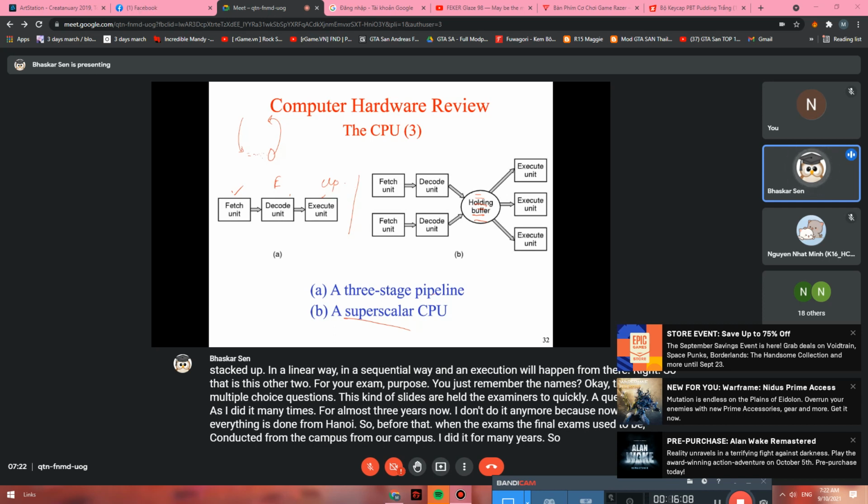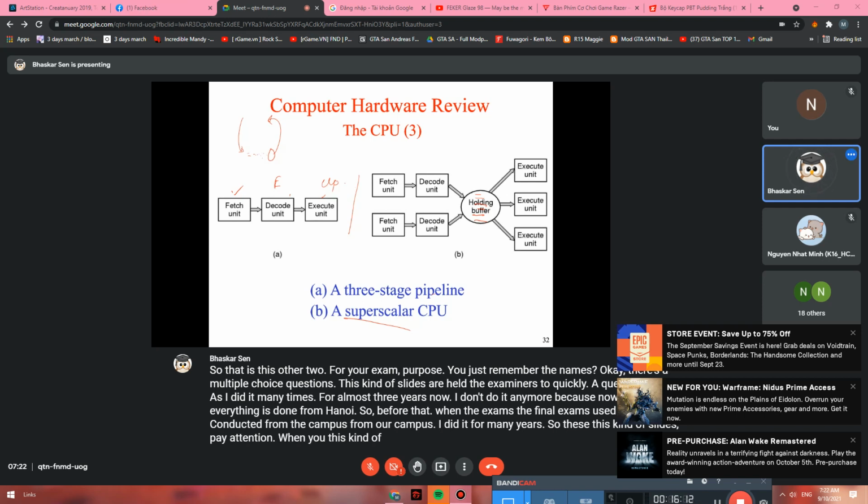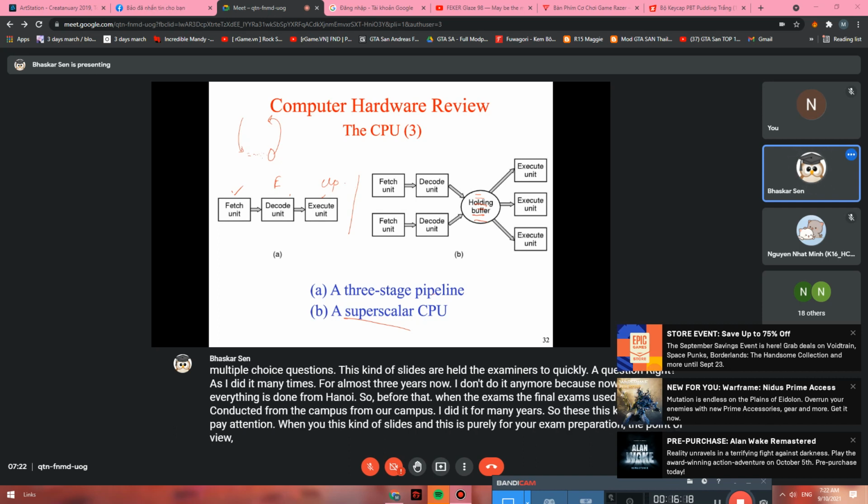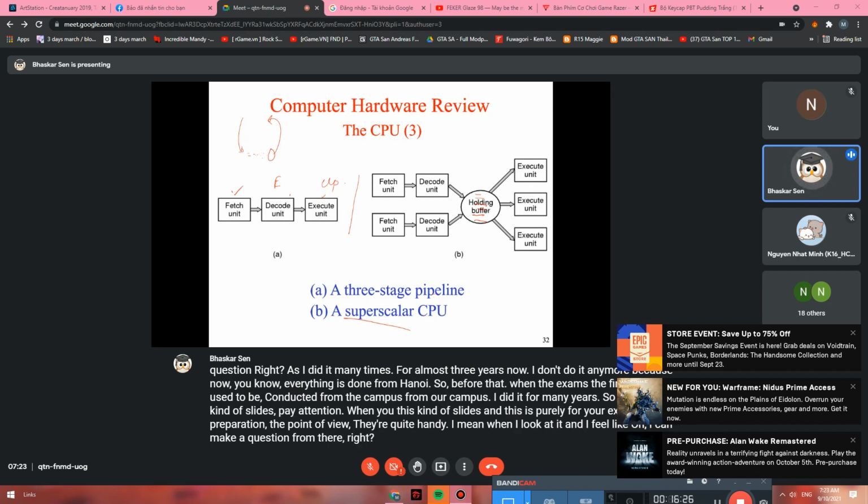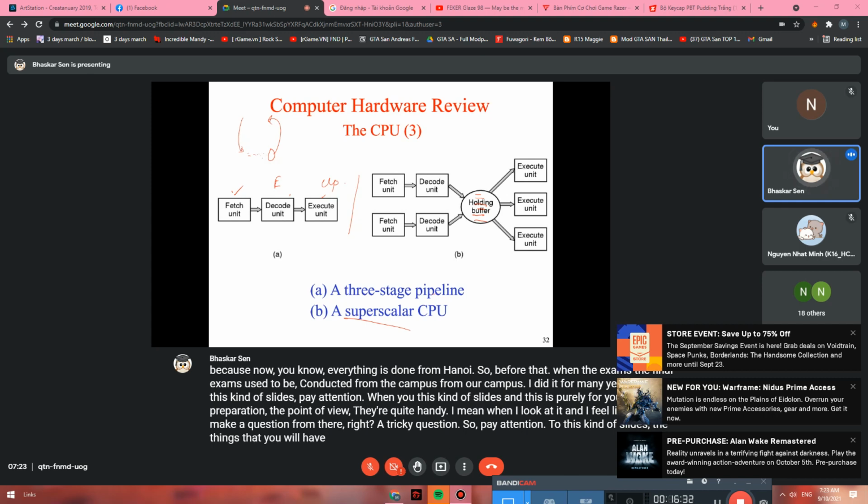So pay attention when you read this kind of slides. This is purely from the point of view of exam preparation. They're quite handy. When I look at it, I feel that I can make a tricky question from there. So pay attention to the things that you will have to remember.